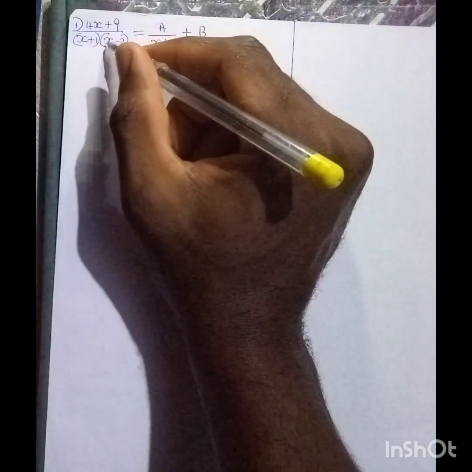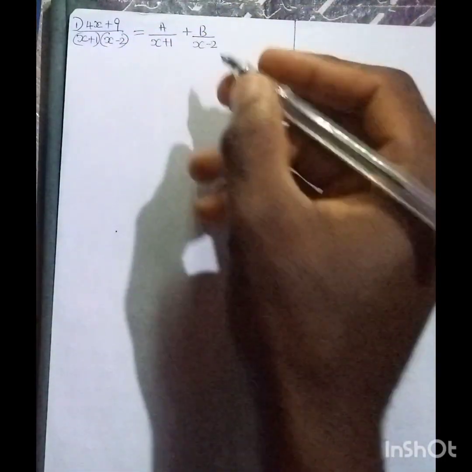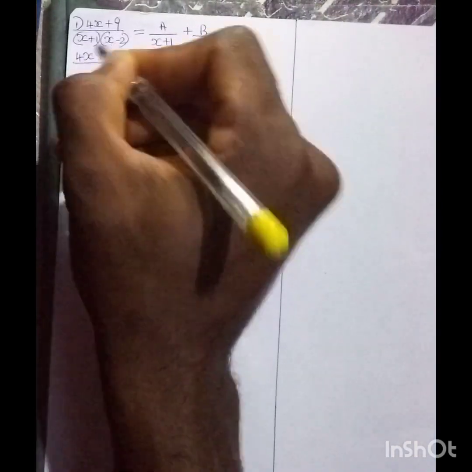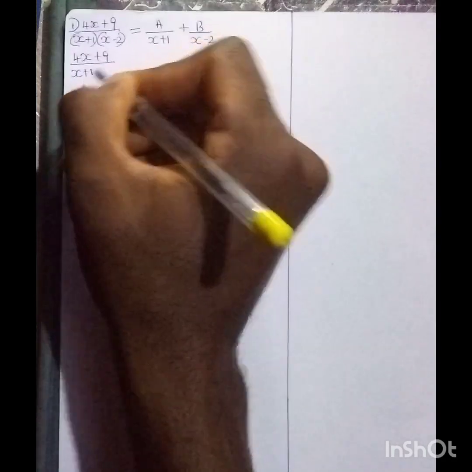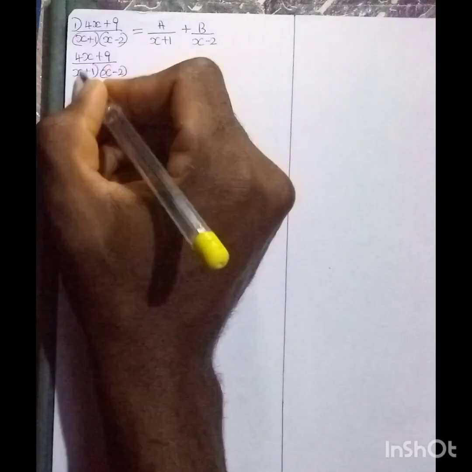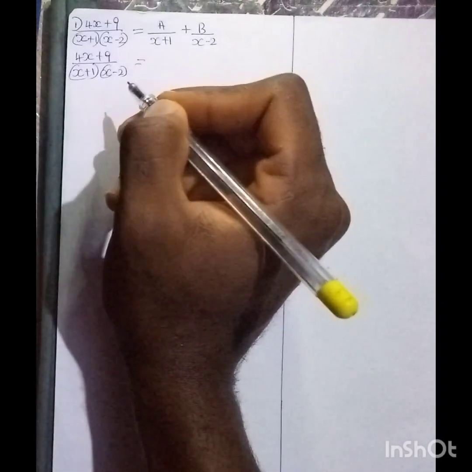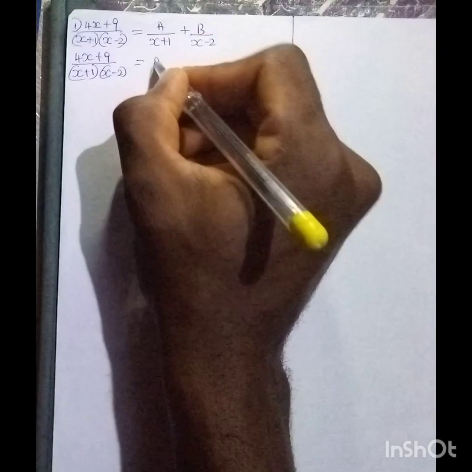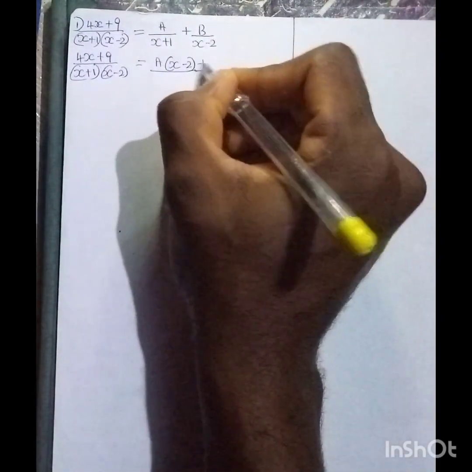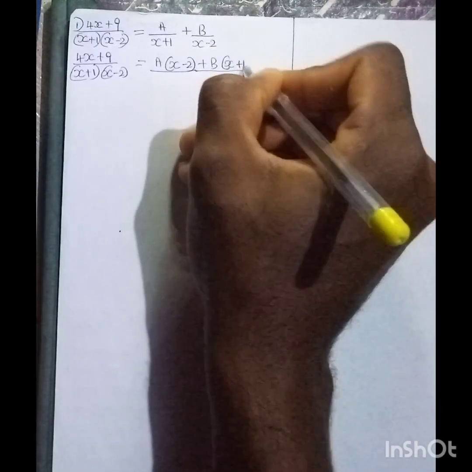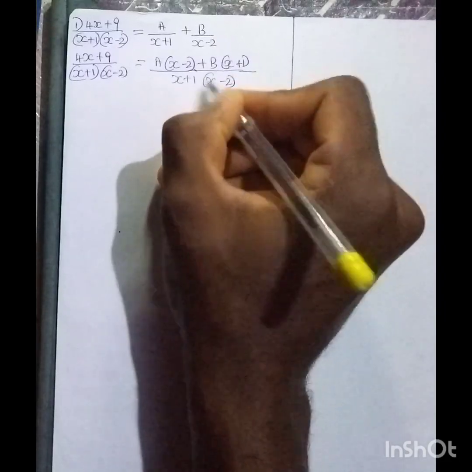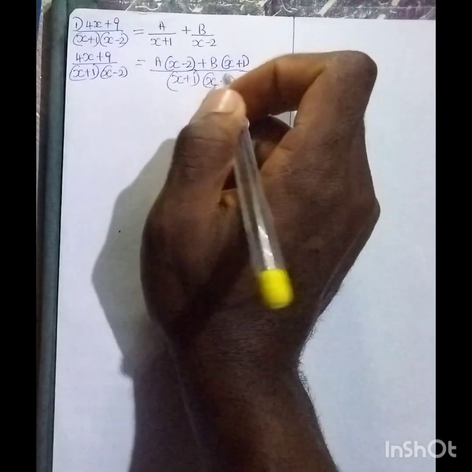If you expand this to give you a quadratic equation, we have (4x + 9) over (x + 1)(x - 2) is equal to [A(x - 2) + B(x + 1)] over (x + 1)(x - 2).